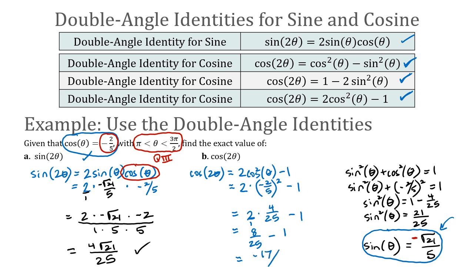negative 17 over 25. Now, one thing that you may be wondering about is when you have the negative 2/5, and I think you heard me verbally say it's negative 2 times negative 2 over 5 times 5. How do you determine where that negative goes? I want you to remember that when we have something like negative 2/5, that is equal to either negative 2 over positive 5, or 2 over negative 5.